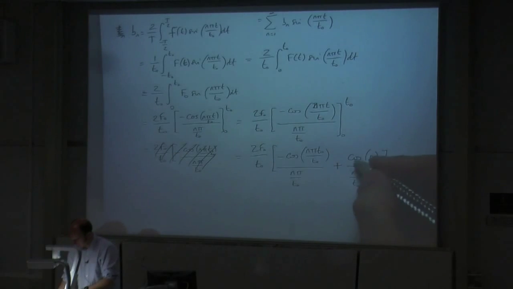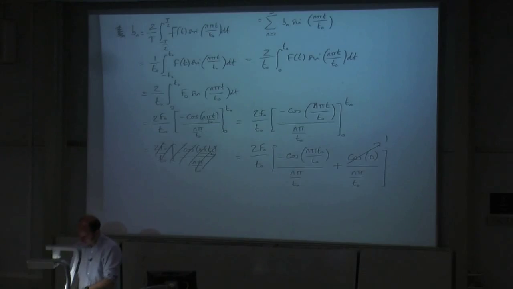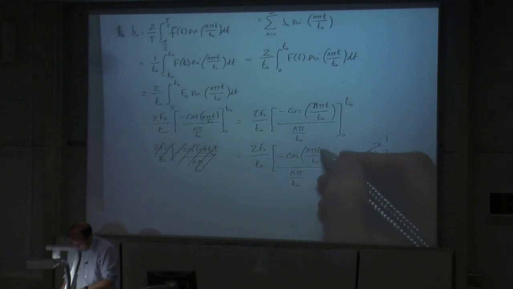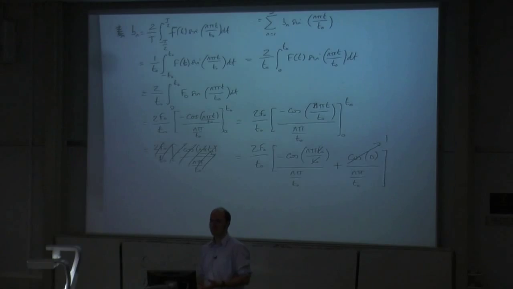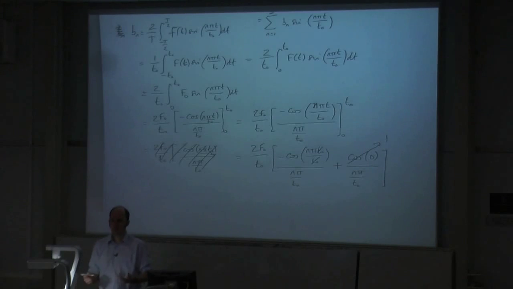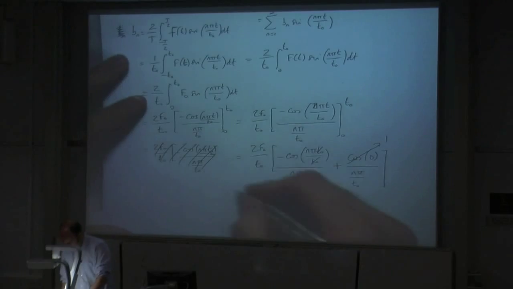Cosine of 0 we know is 1. Okay. Now obviously these cancel, t naught and t naught there, so we have cosine of n pi. What's cosine of 1 pi? Minus 1. What's cosine of 2 pi? Plus 1.